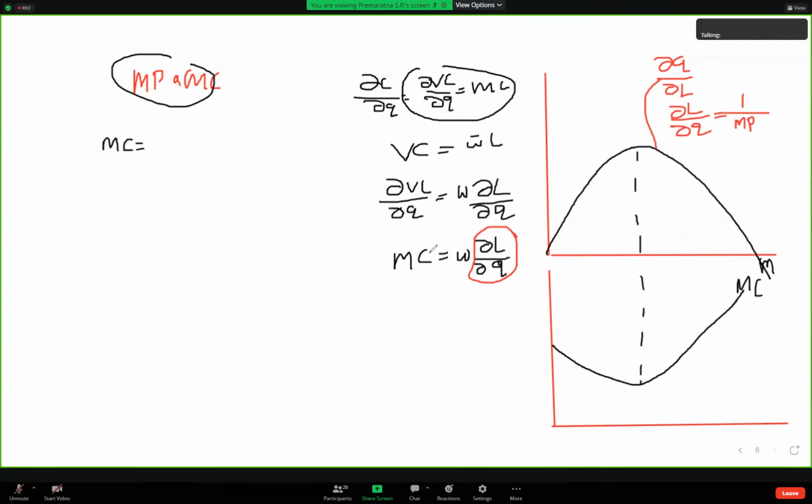So if we apply this and rewrite the equation, you get MC equals W divided by MP. So MC equals W divided by MP. That's what you got.